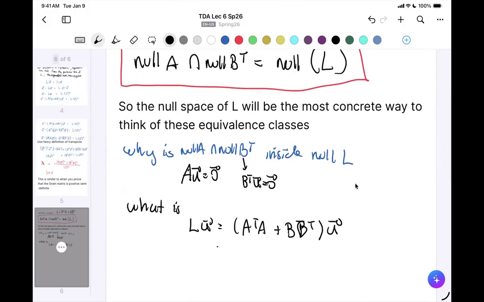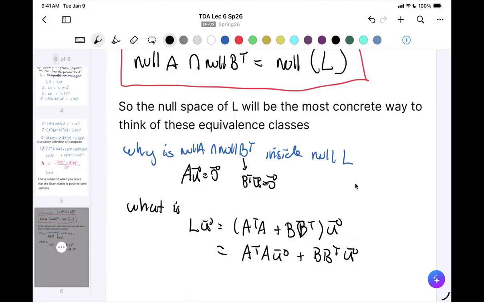And then you use the distributive property, and that's A transpose A U plus B transpose U. A U is 0 because you're in the null space of A, and B transpose U is 0 because you're in the null space of B transpose. So these are automatically 0. Okay, so that one is easy.